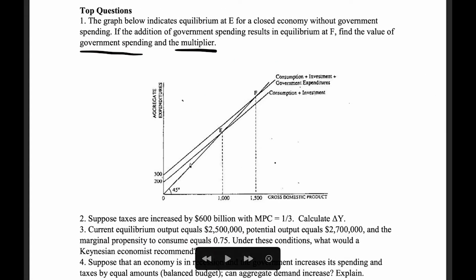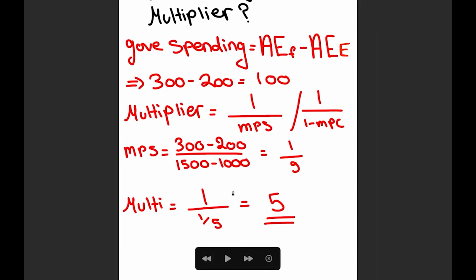The change in spending is what we already got in the first part of the question, which is government spending. So it's 100, 300 minus 200. And what is Y or YD? In this case, it's gross domestic product. So we do 1,500 minus 1,000. Let's go back to my answer sheet.